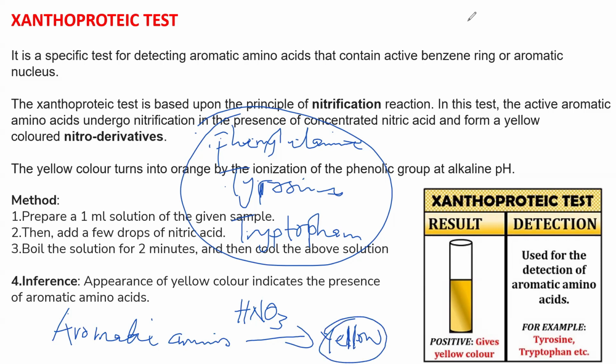And of course, the yellow color turns into orange by ionization of the phenolic group at an alkaline pH.